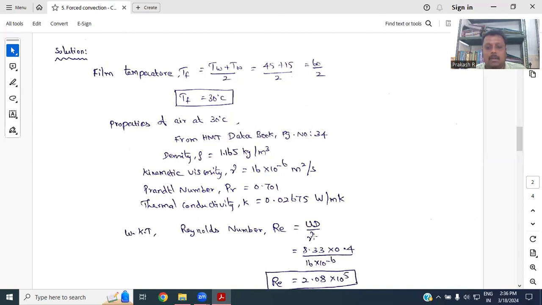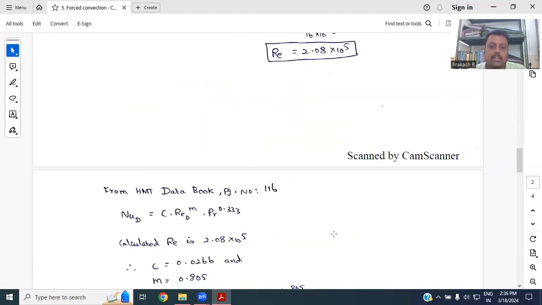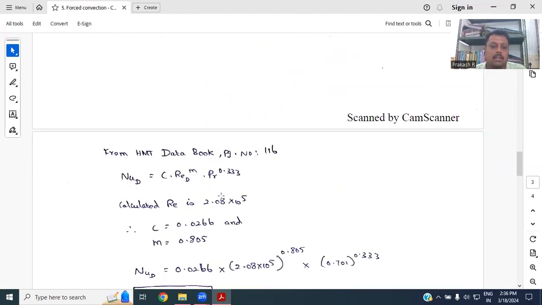If it is a plate problem like the previous one, the Reynolds number formula is UL by gamma. Here, UD by gamma is the formula for Reynolds number because it is the problem of cylinders. Therefore, 8.33 into the diameter 0.4, and the gamma is 16 into 10 power minus 6. Substituting this value, 2.08 into 10 power 5 is the Reynolds number value.